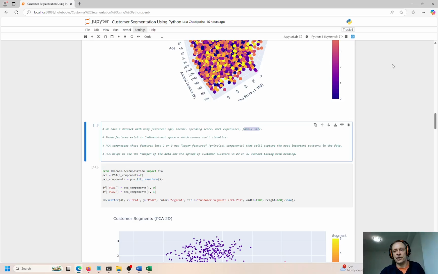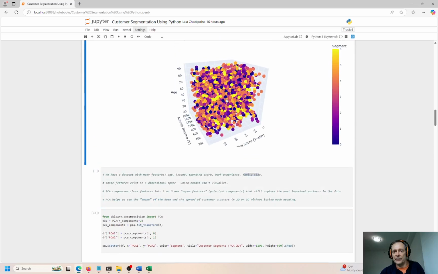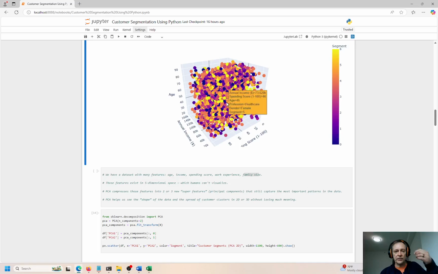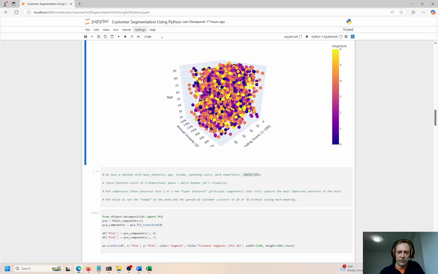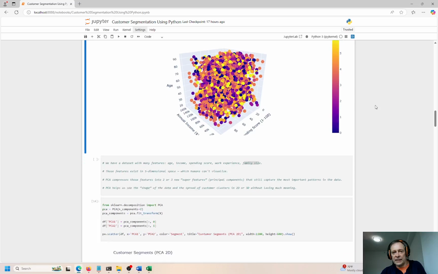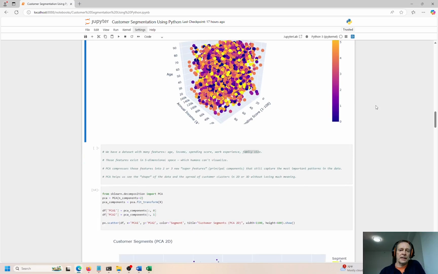Here's the 3-dimensional chart, and that is as many as we can get. You can argue this is actually 4-dimensional because we have different colors for the clusters. So this is probably better classified as a 4-dimensional chart. The 4 dimensions would be annual income, age, spending score, and then the color for each label in the cluster. But even with 4, that's hard to do.